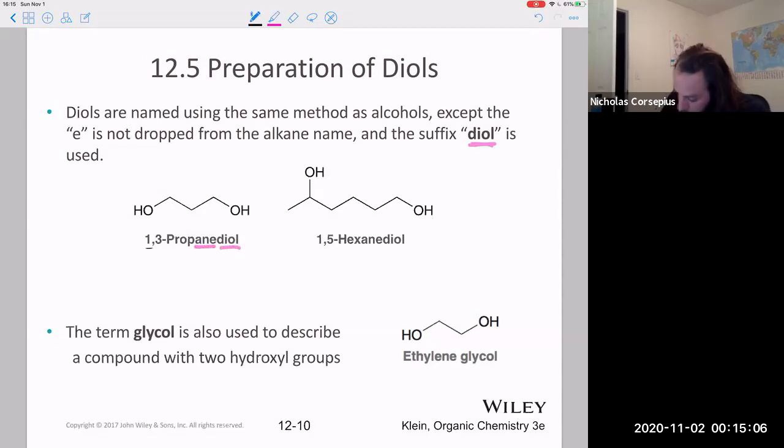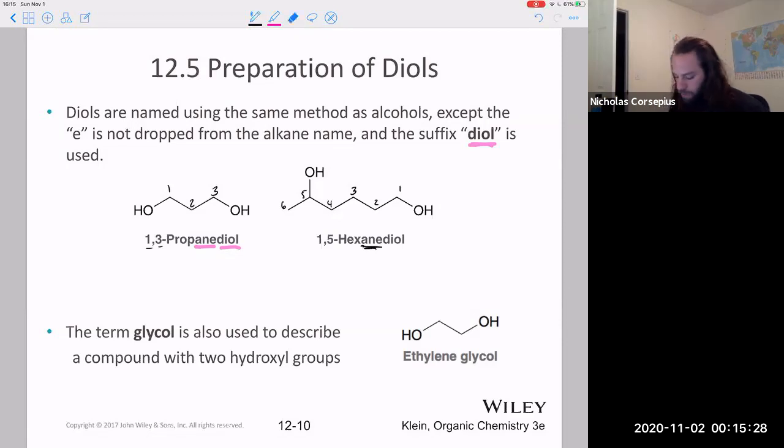With both of those alcohol group positions being indicated. In this case, how was I numbering? Notice that I went from right to left in order to use the lowest numbers possible for these alcohol groups. But again, this is now hexane-diol instead of hexanediol.